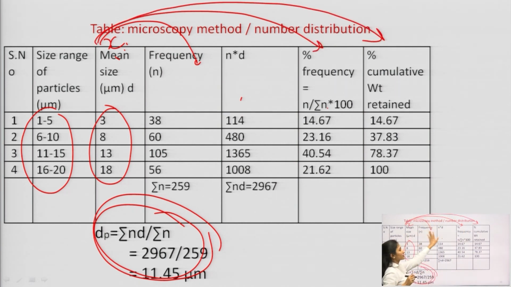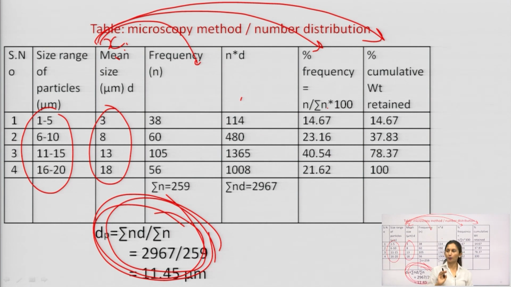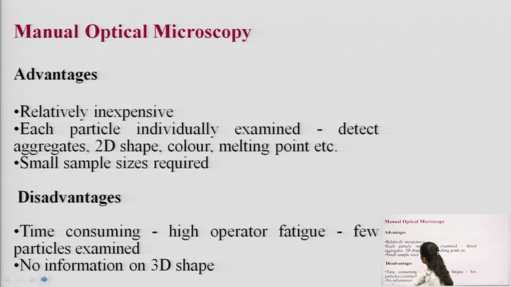So these three graphs will be your frequency distribution graphs, and this will be the average particle size by the optical microscopy method. In optical microscopy we determine the projected diameter, that is why it is dP. So these are the advantages and disadvantages of the manual or optical microscopic method.